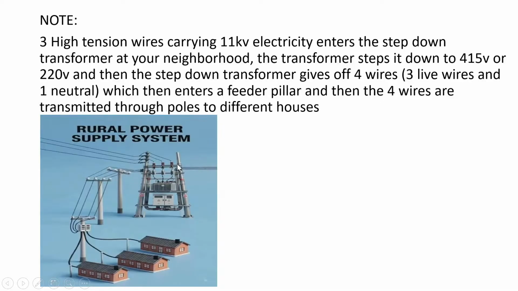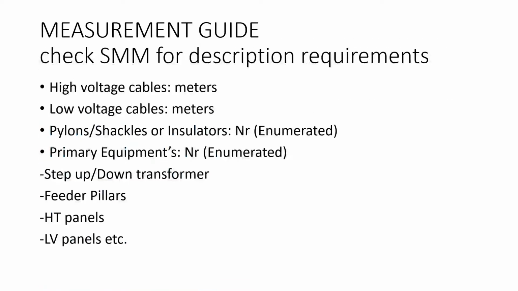Now this one here is an example of what? A disc shackle or a disc insulator. While this is an example of what? A pin shackle or a pin insulator. Right, I hope that makes sense. Good. So your shackles or insulators are measured in what? Number, enumerated. So all you just need to do is to count the number of shackles.